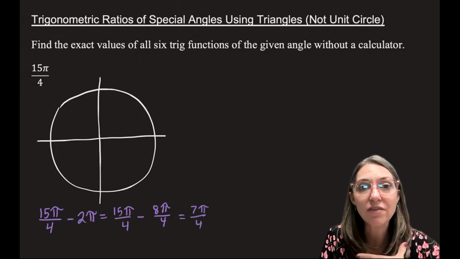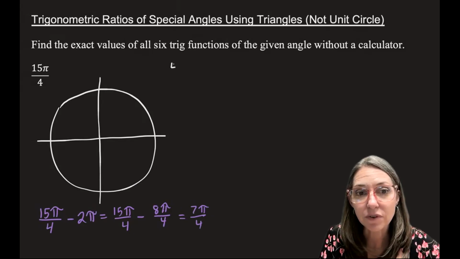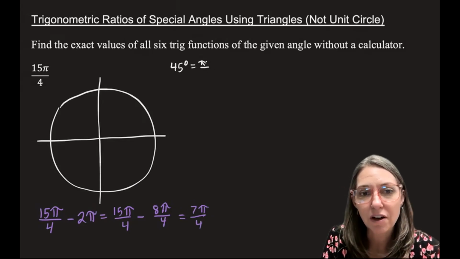So where is that? Well, for reference, 45 degrees is equal to pi over 4. I'm going to do this a real simple way. I'm just going to count 7 multiples of pi over 4.